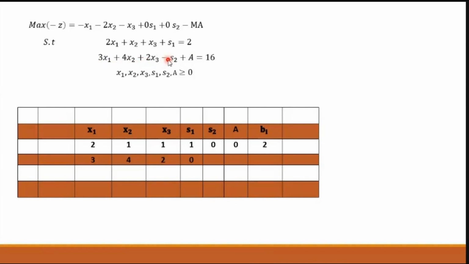S1 is not there in the second constraint, so 0, S2 का -1, A का 1, and this is 16. दो ही constraint है, so we will have only 2 rows. Then we have to write Cj, coefficient of all these variables from the objective function. -1, -2, -1, 0, 0, minus M.